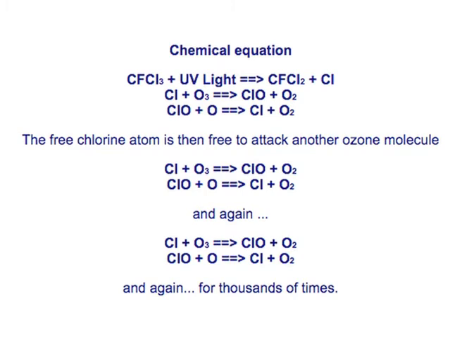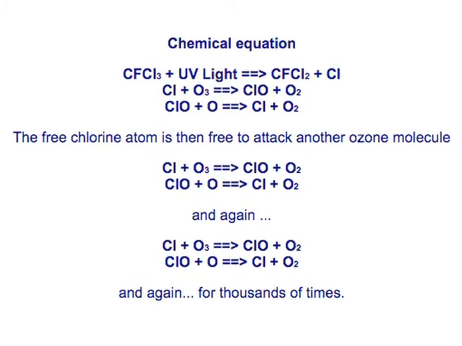Now, when chlorine monoxide reacts with a free oxygen atom, it gives rise to chlorine and oxygen. Now, this cycle continues for more than 100,000 times. So, you can just imagine at what rate the ozone depletion takes place because of the continuous release of CFCs in the atmosphere.